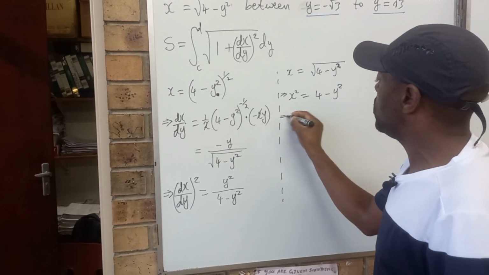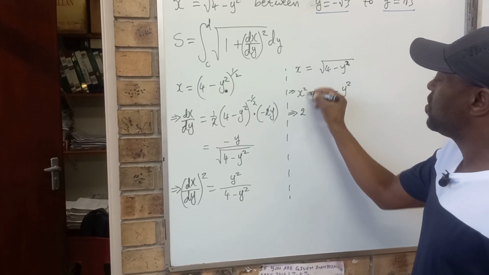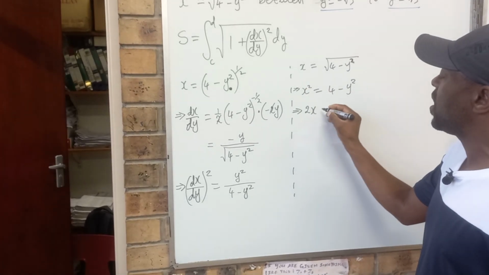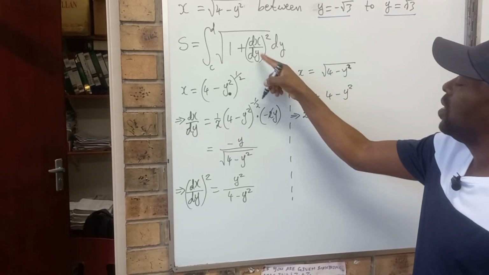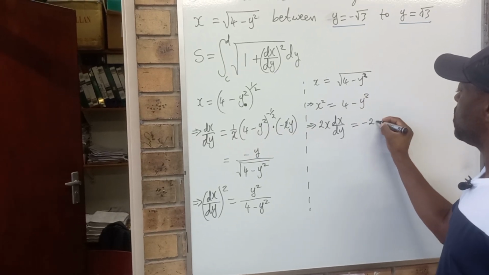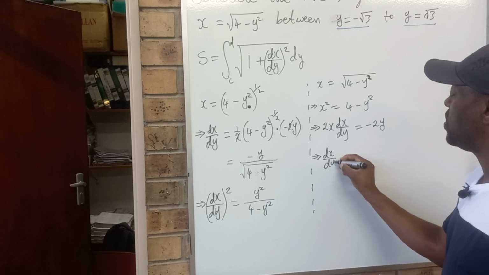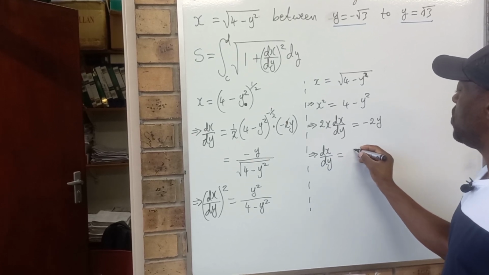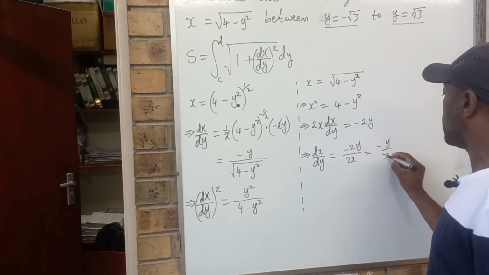Then you differentiate implicitly: the derivative of x squared gives 2x dx over dy, equal to negative 2y. Then you make dx over dy the subject, which gives negative 2y over 2x, which is negative y over x.